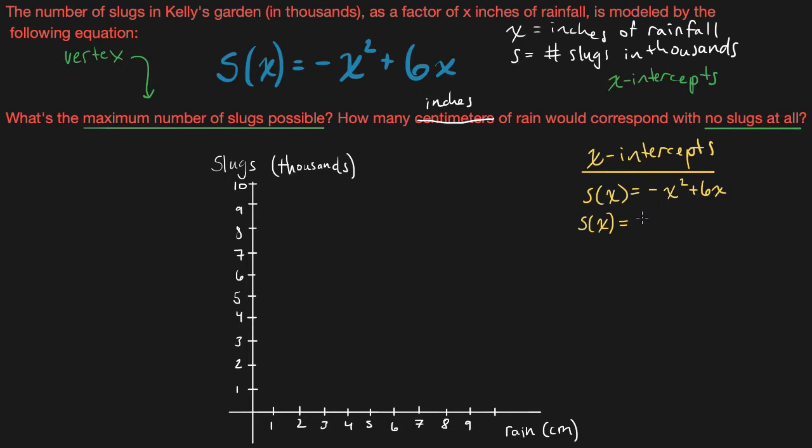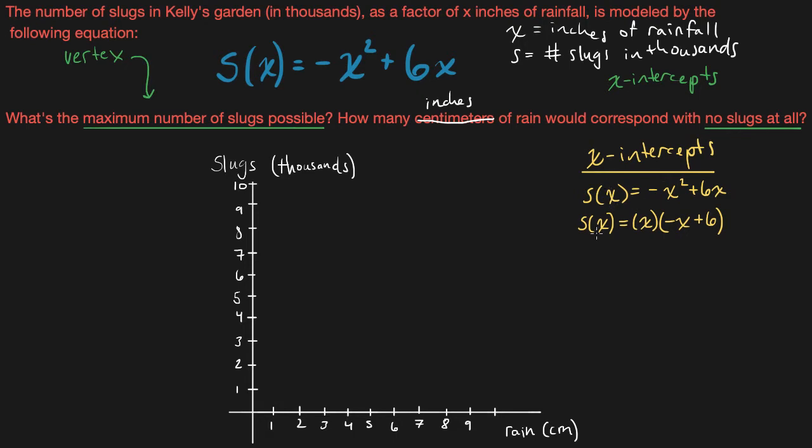This is going to become x times negative x plus 6. We could verify that this was factored correctly by distributing this x back over the contents of the second set of parentheses. That would give us negative x squared plus 6 times x.